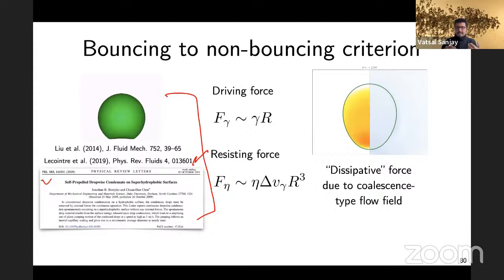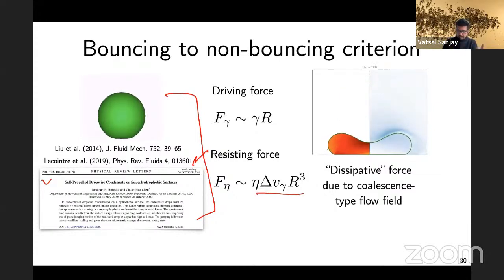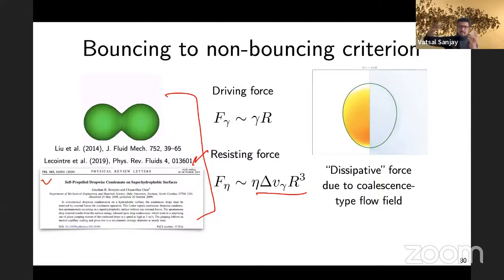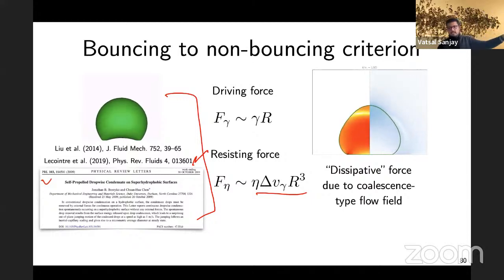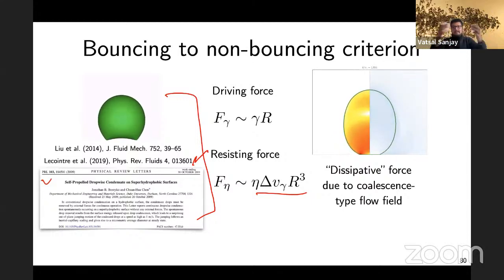And what we can do is write down this resisting force as this. Here, what we are trying to do is draw an analogy between this drop impact, where you have this excess surface energy that leads to takeoff, and this coalescence-induced jumping of droplets, where once again we have excess surface energy and that leads to takeoff.